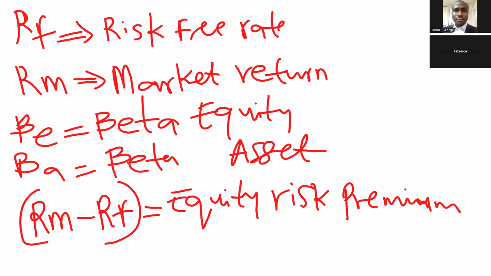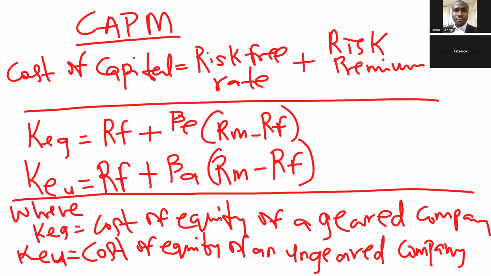Now, after looking at all these formulas, if you go back to the CAPM formula, KEU, the cost of equity of an ungeared company, KEG, the cost of equity of a geared company. In the two formulas, the difference is the beta, BE, BA, beta equity, beta assets.